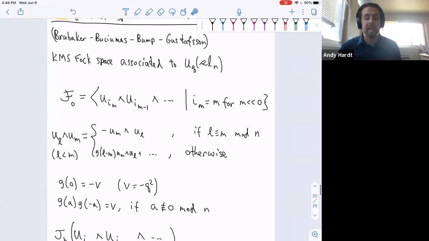And so what we have here, instead of the Clifford algebra relations, we get these wedge relations, where if U_L is in front of U_M, we want M to be in front because it's the larger particle. And if they're equivalent mod n, you just swap them and you get a negative sign, just like regular Fock space.